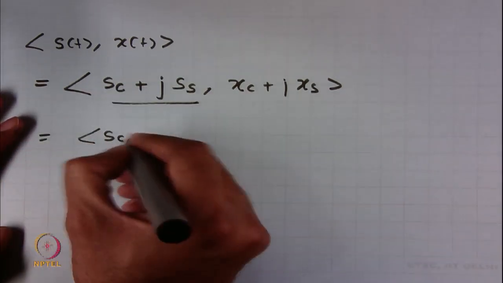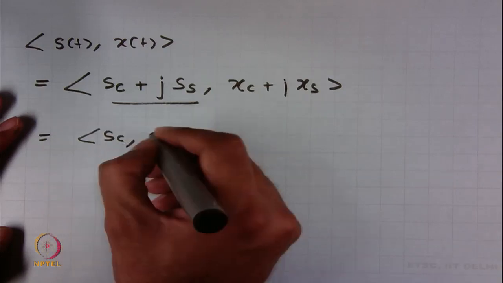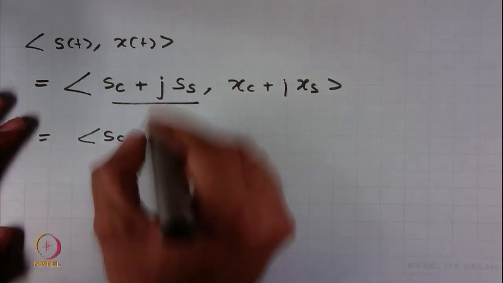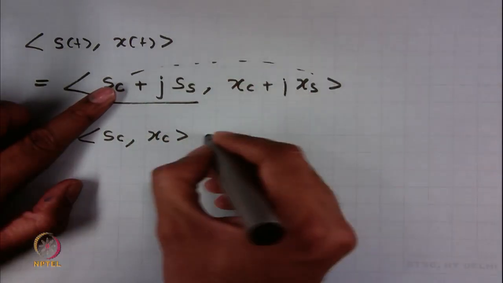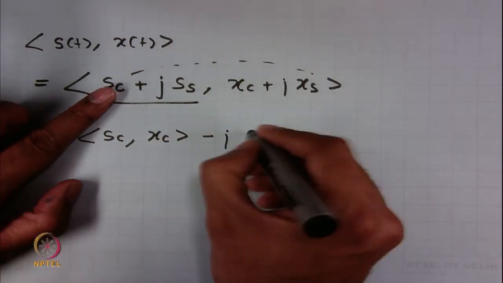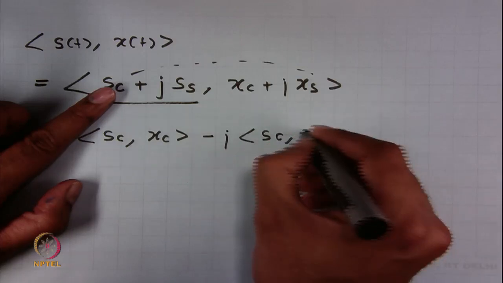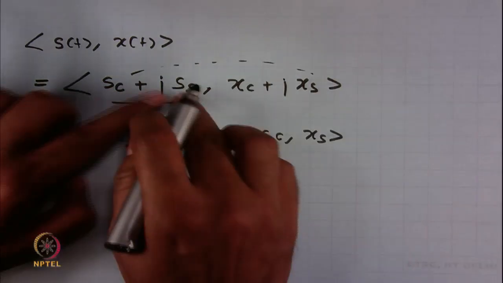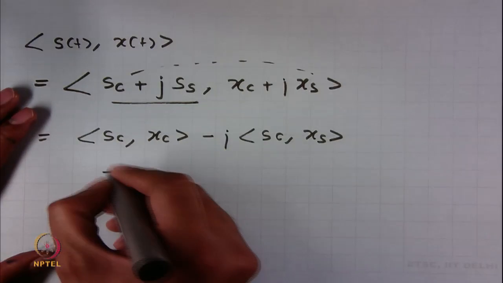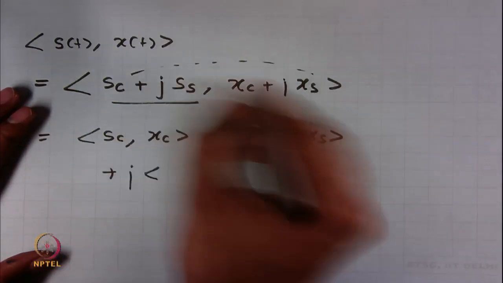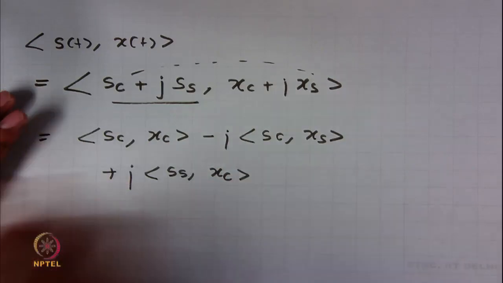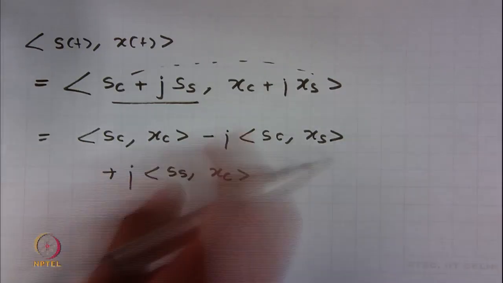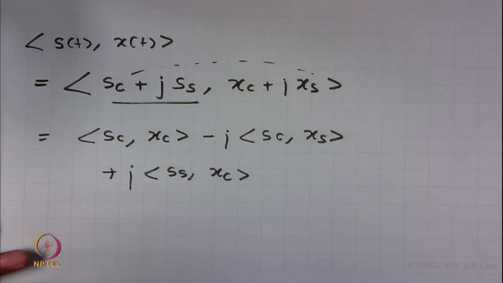So, this would give us SC with XC inner product, this then we have to multiply, let us say, with this, the J will come with a minus sign, SC XS. To multiply this with this, j will come with positive. Remember the bilinear properties of inner product. If you have forgotten about them, just revise it, it is simple.